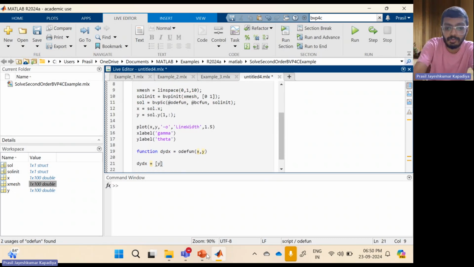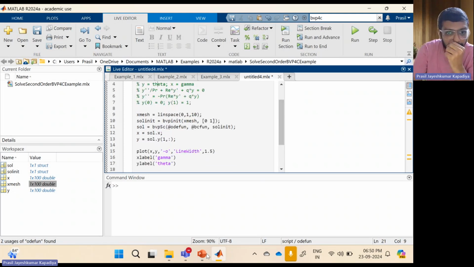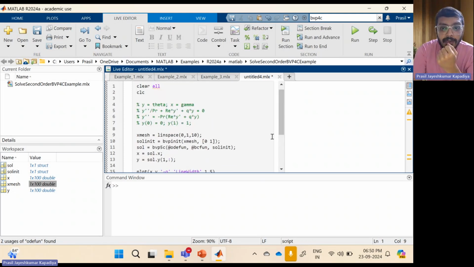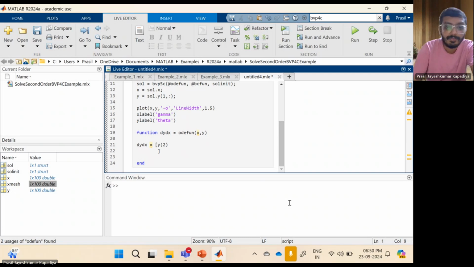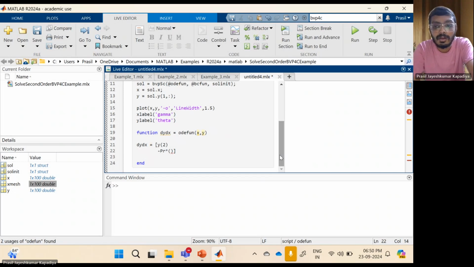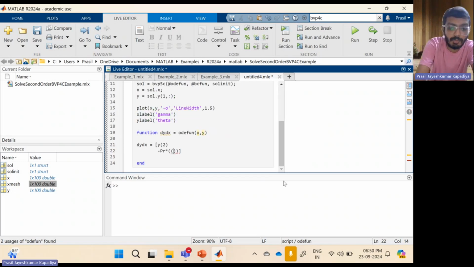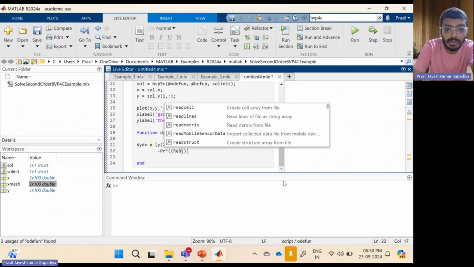It will always be y of 2. You don't even need to think. And my second equation is this: minus Prandtl number into this term which is common, Reynolds number into y prime. So I will put one more bracket, Reynolds number into y prime means y of 2.